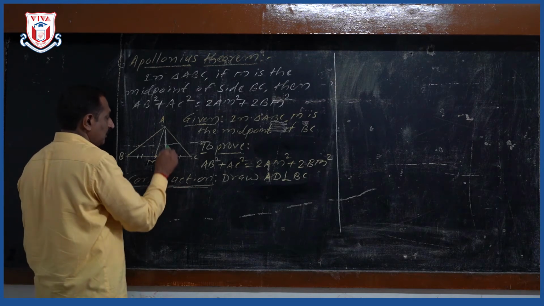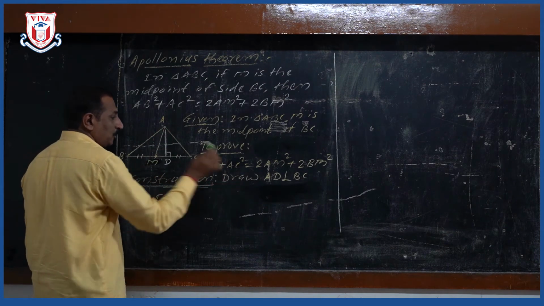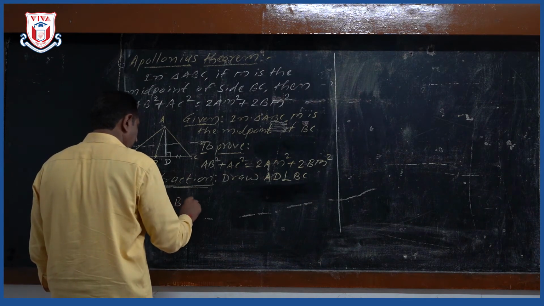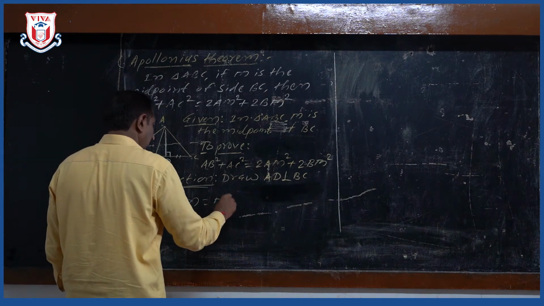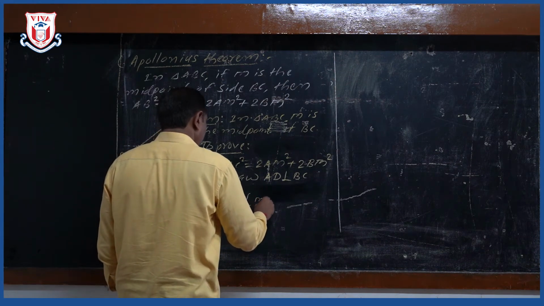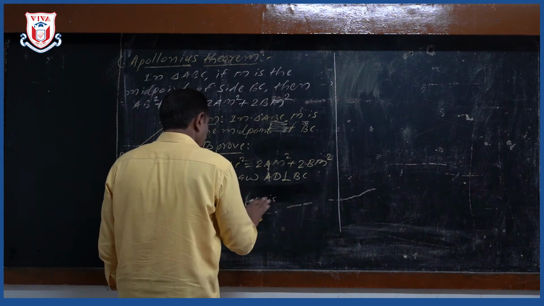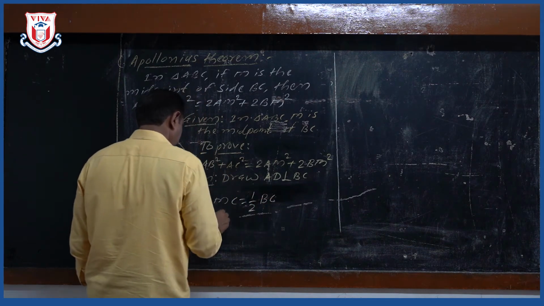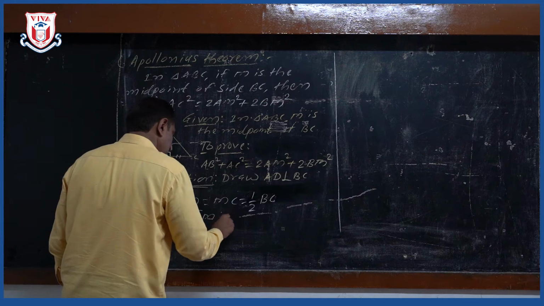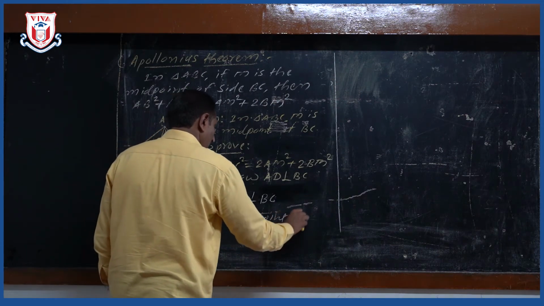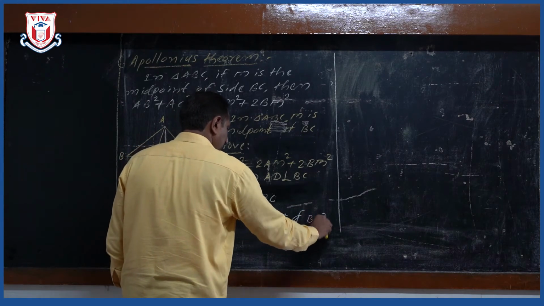Now construction: draw AD perpendicular to BC. Proof. First I write here BM is equal to MC, because M is the midpoint of side BC, so you can also write this as total is equal to 1/2 BC.